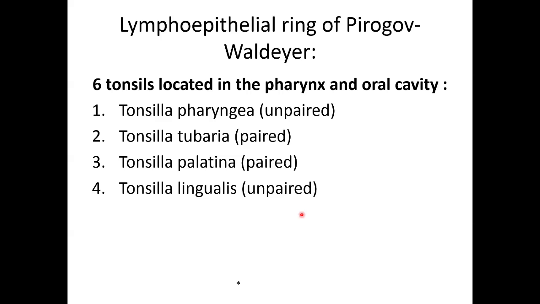So these tonsils are commonly called the lymphoepithelial ring of Pirogov-Waldeyer. Why do we need these tonsils?